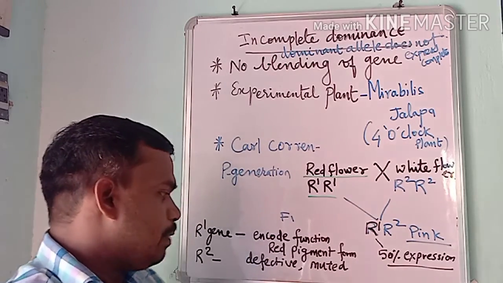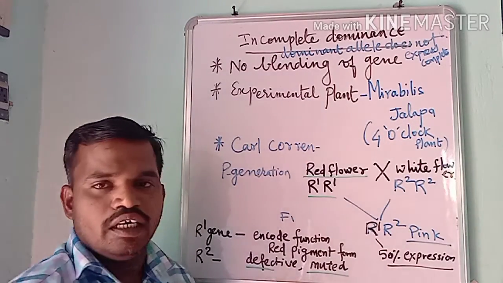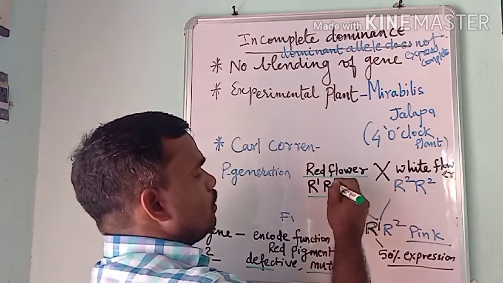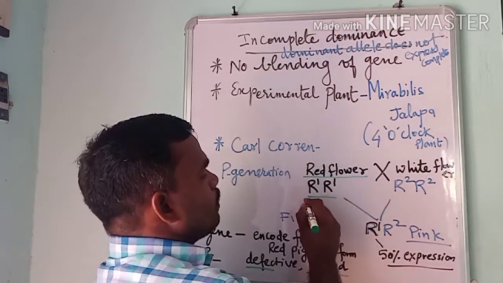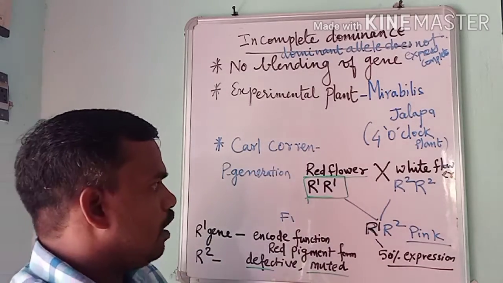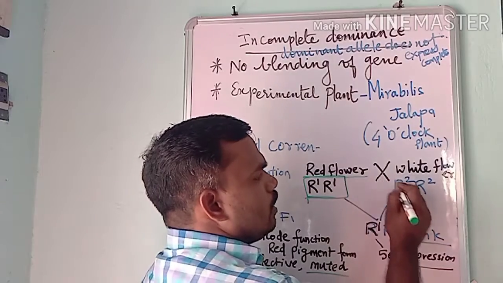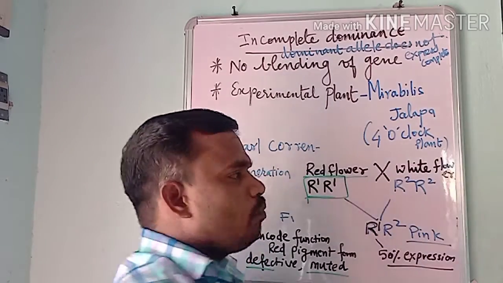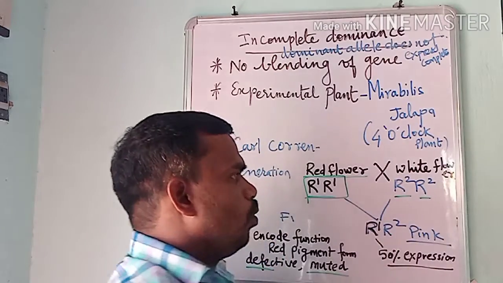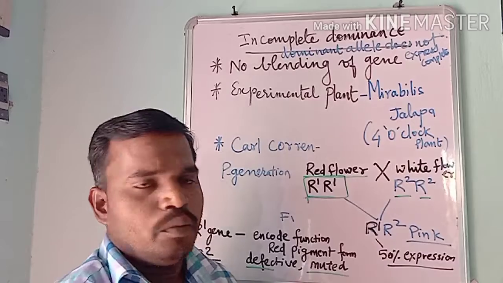The red flowers of Mirabilis jalapa have the allele R1, which is the dominant allele. The white flowers have the R2 allele, which is a defective, mutated allele.